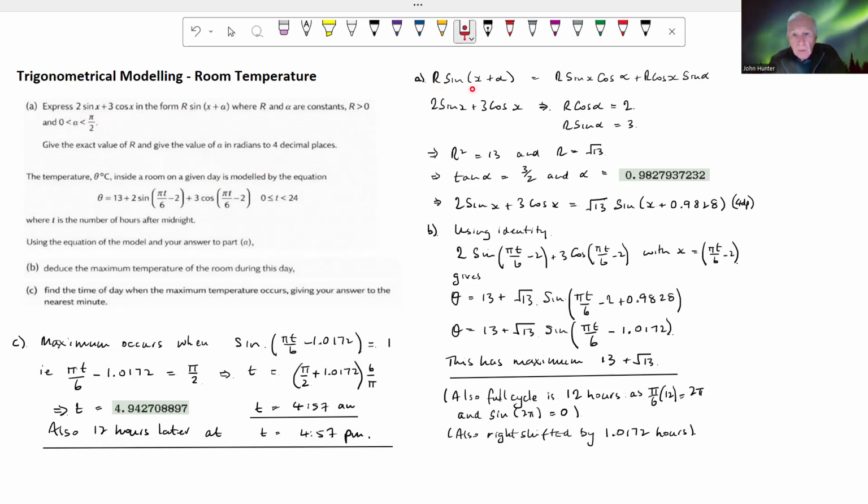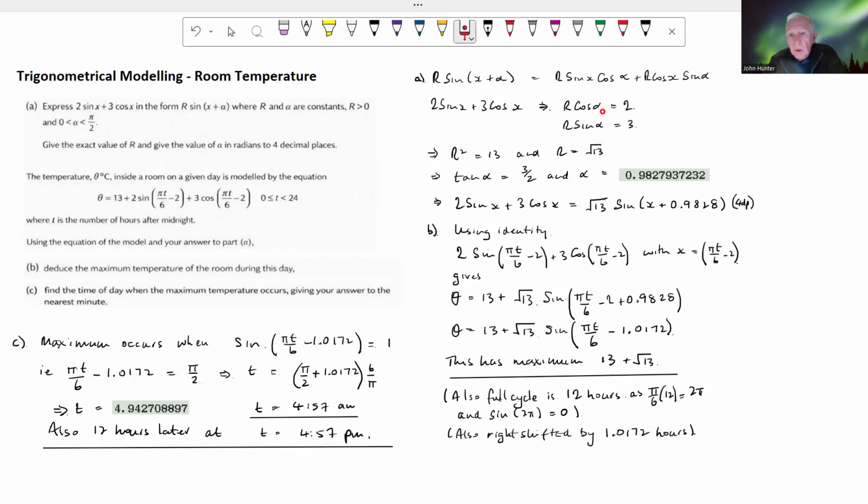We write out this. We normally see this as sine(A plus B) equals sine A cos B plus sine B cos A. So if we write that out and then compare coefficients, we're going to get r cos alpha equals 2, r sine alpha equals 3.